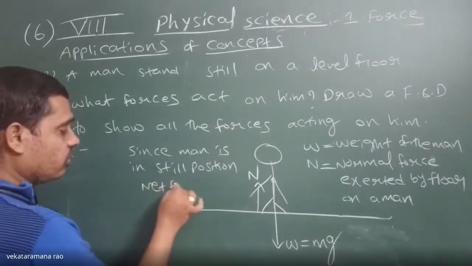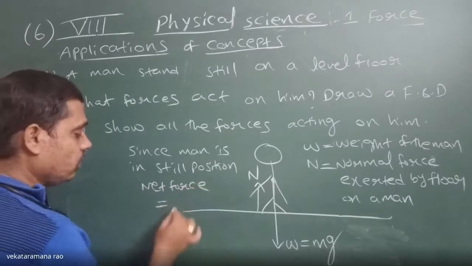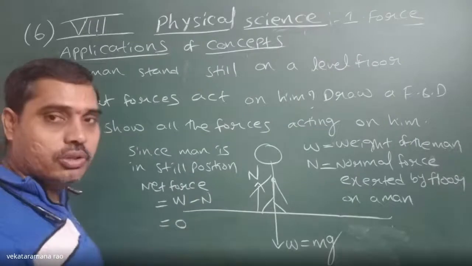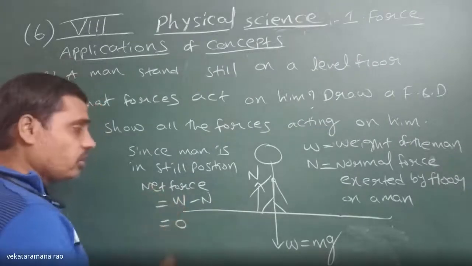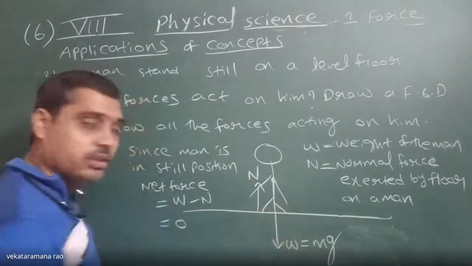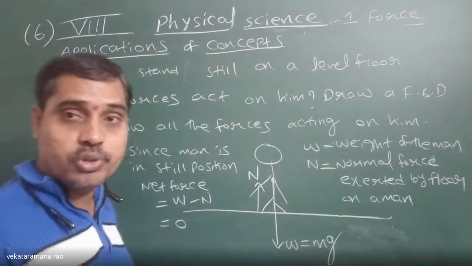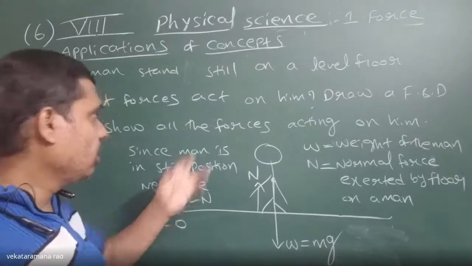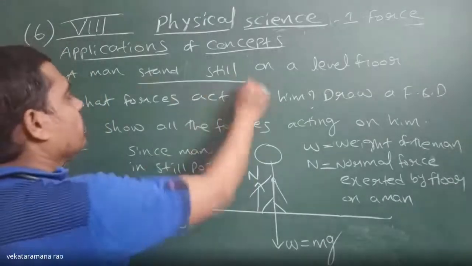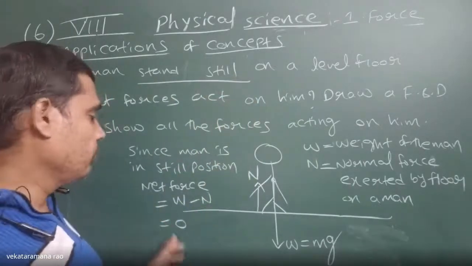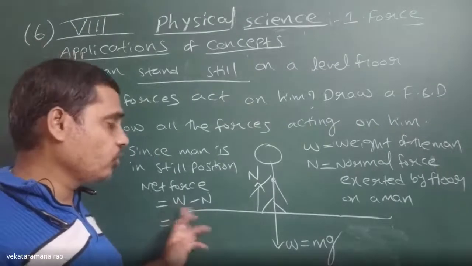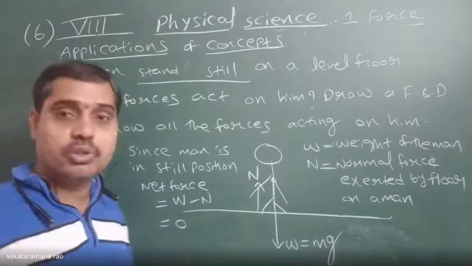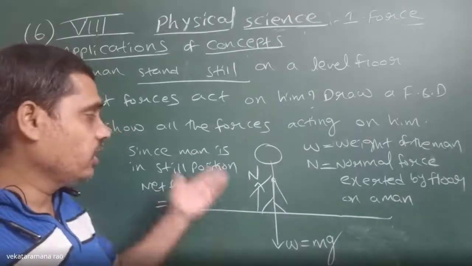Net force is equal to W minus N, which is equal to 0. When the net force is equal to 0, then only he can stand still. As these two forces are acting in opposite directions, the net force is 0. That's why you can stand like that.